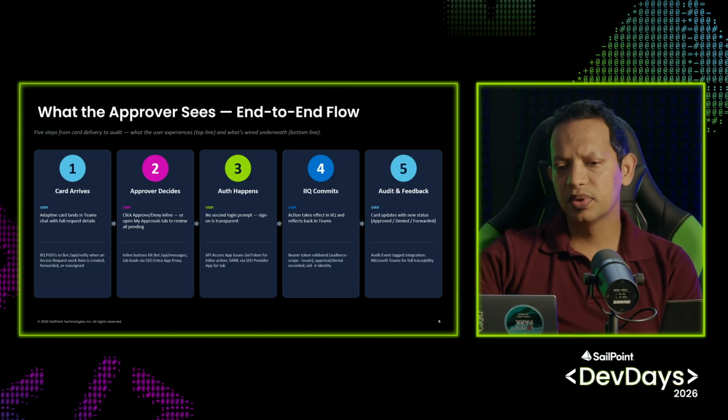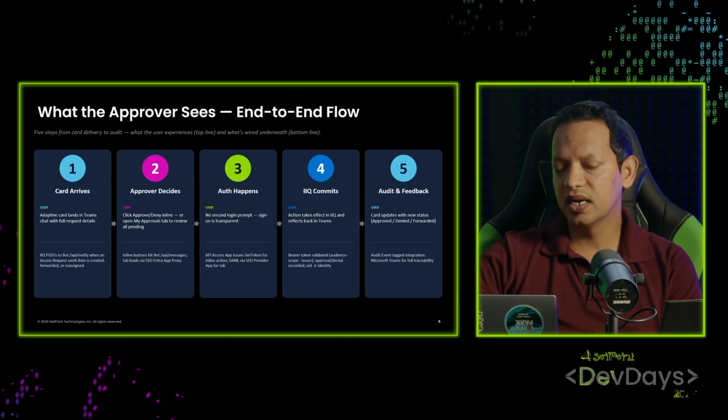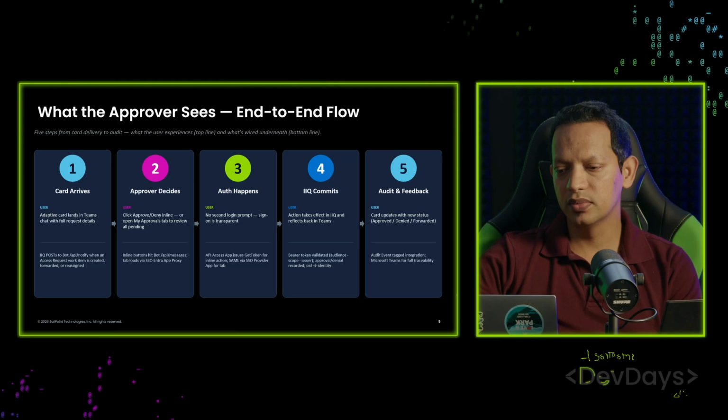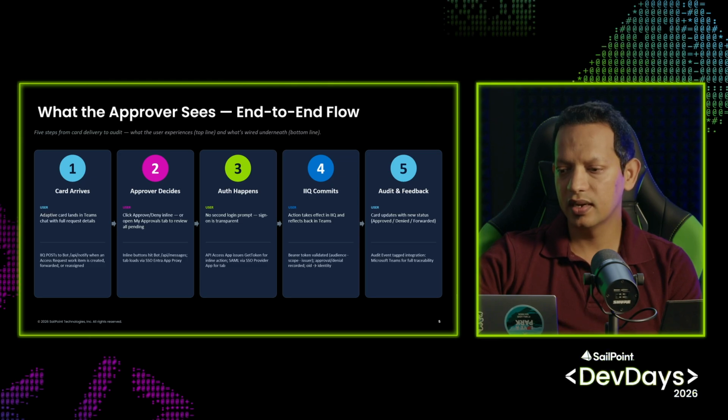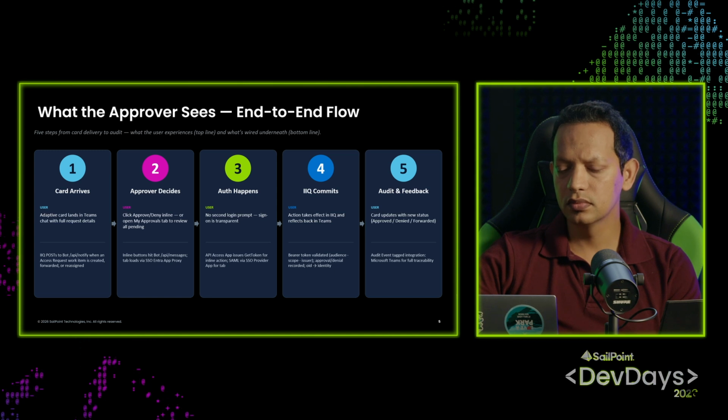Now, on steps 2 and 3, whether the approver clicks approve or deny, as I said, it hits the /api/messages endpoint on the bot, and based on that, the bot exchanges the SSO token, gets the access token from IIQ, and then updates the work item in SailPoint.